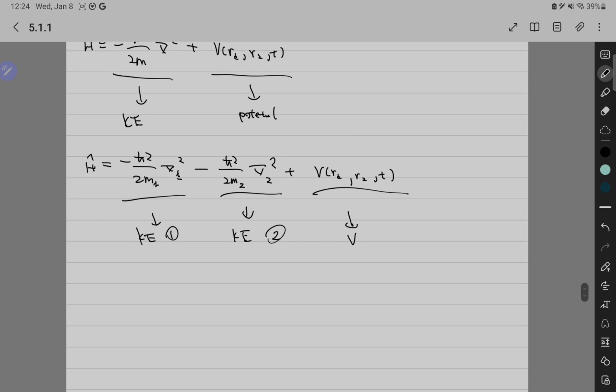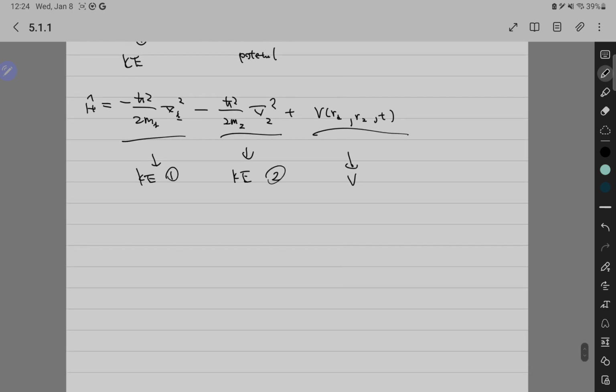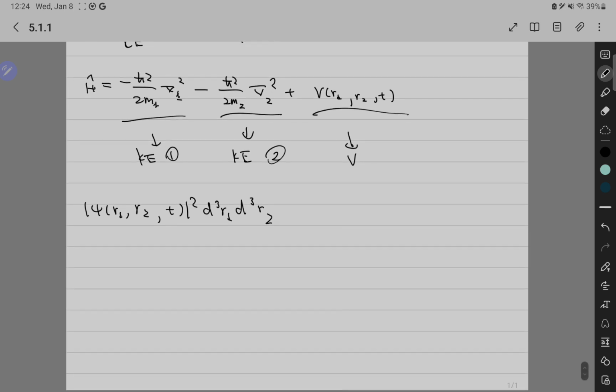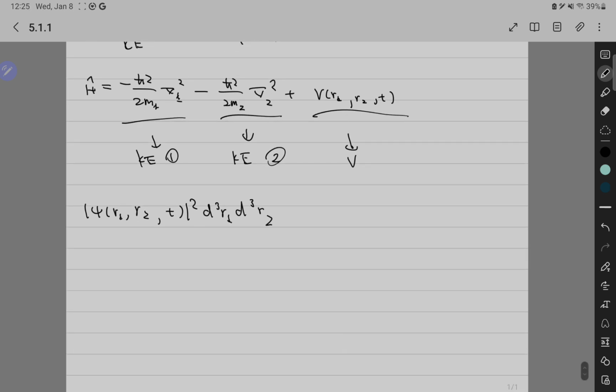And the statistical interpretation is as the following. This has more to do with normalization, as you have learned in the earlier chapters, but I'm going to explain here. So if we were to normalize this, so if we were to integrate this, what do you think the answer would be?